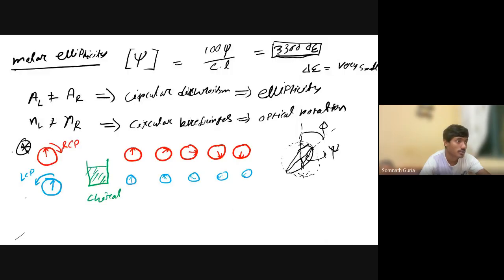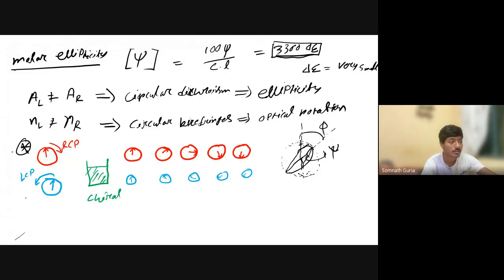In some cases both happen. If a molecule is slowing down one particular circularly polarized light, as well as absorbing one particular circularly polarized light, then in that case we get both effects combined together. We get the ellipticity as well as the optical activity, the optical rotation of plane polarized light.